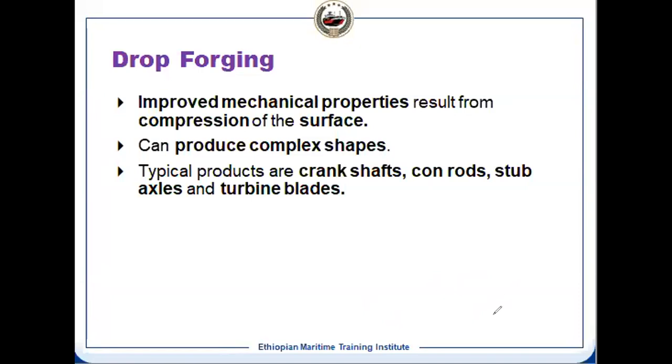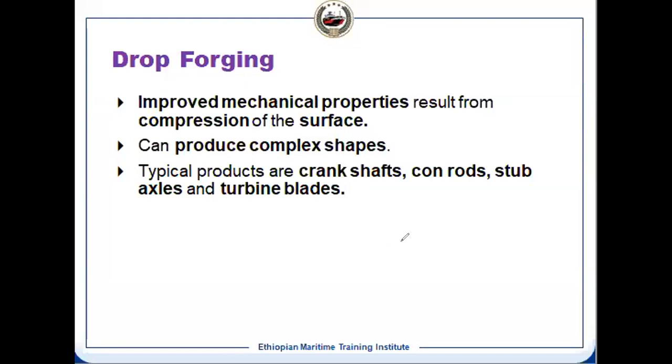We are applying compressive force, so the density is increased, the metal strength is increased, and it also gives us uniformity of the grain structure. Any complex structure we can make by drop forging. It means hammering, so once we hammer, it becomes stronger because the density is increased. The crankshaft, conrod and turbine blades we make by drop forging.